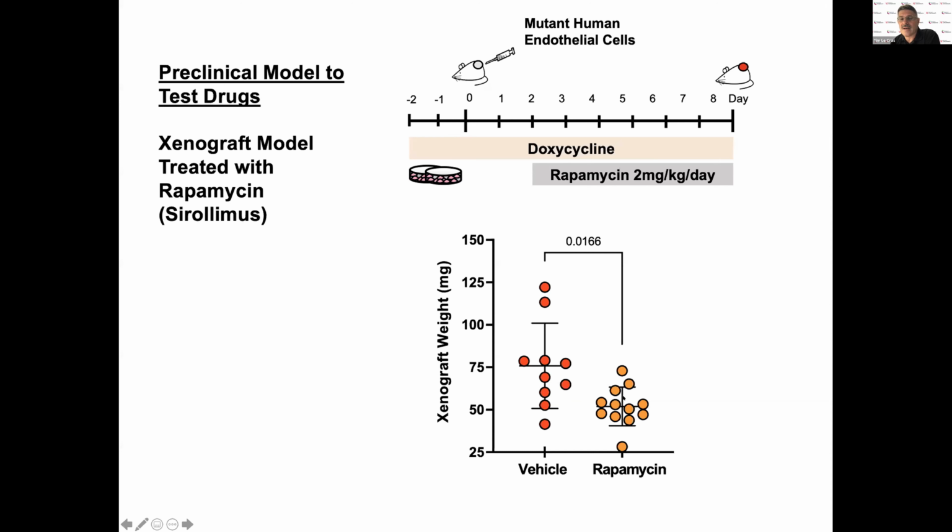So in this study, all mutant cells were injected. And you can see that the drug that is known to work in patients, at least producing a partial response, works in this model. So this model, we can use to test new drugs, hopefully develop better ones, and also figure out how the drugs are working in terms of whether they have an effect on the growth of these blood vessels generated by these cells expressing this mutant gene.